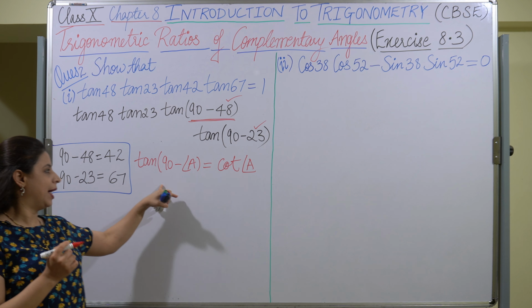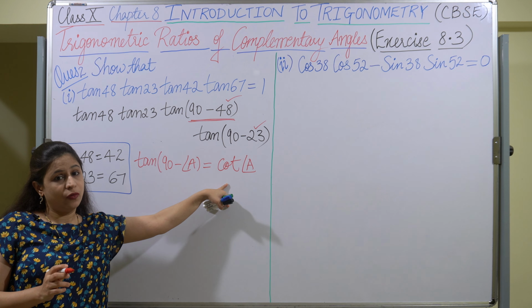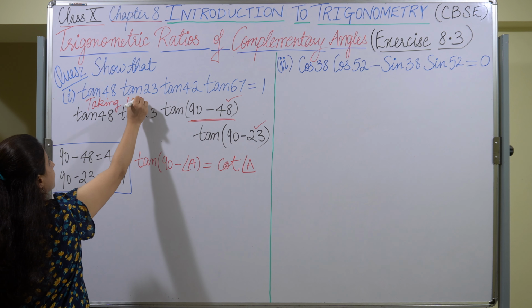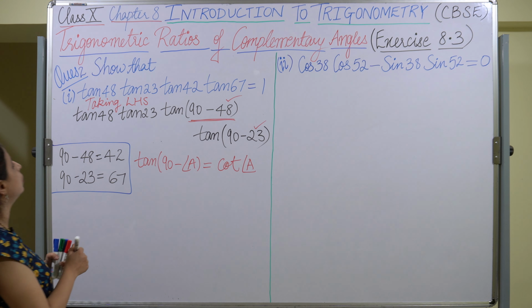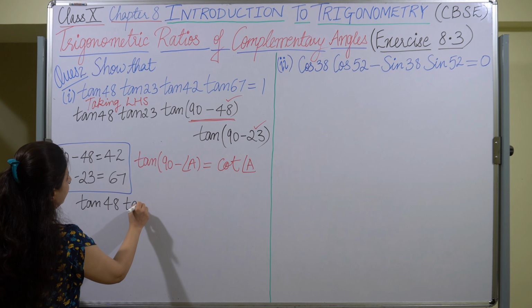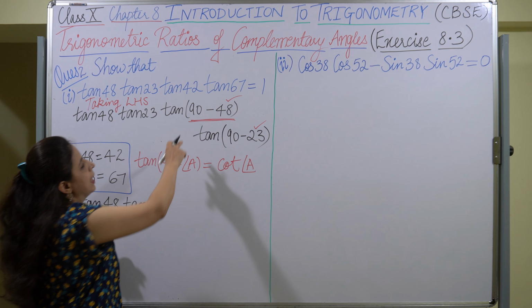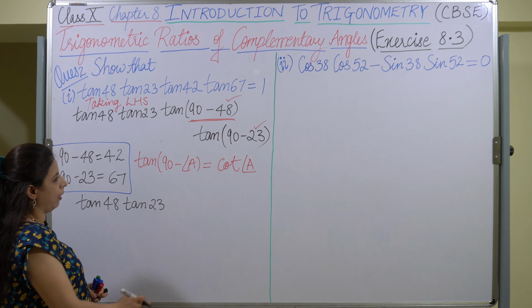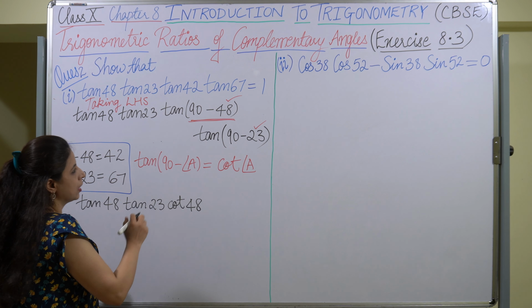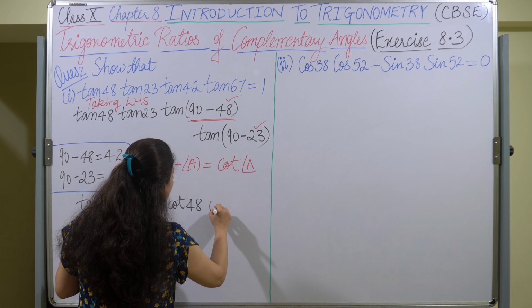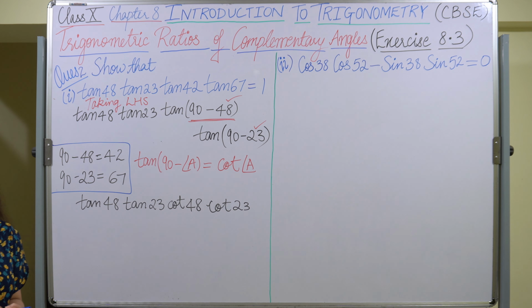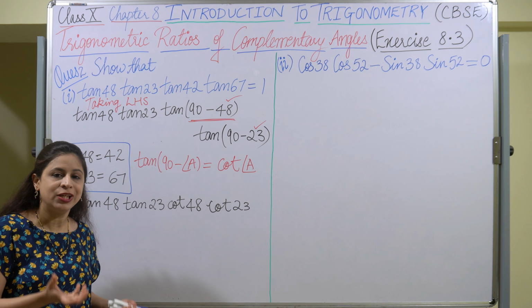So we replace 90 minus angle A with cot angle A. We get tan 48, tan 23, cot 48 degrees, and cot 23 degrees.